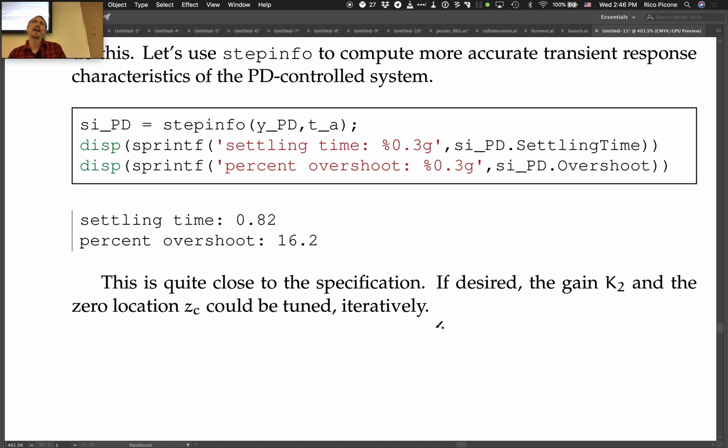But you're right, you can automate this process a little bit, but I would say it's far from being a situation where it always works every time to just put it into some auto tuning algorithm. The performance isn't always what you want, so having insight into how it works is going to be important if you're going to be an actual control engineer.